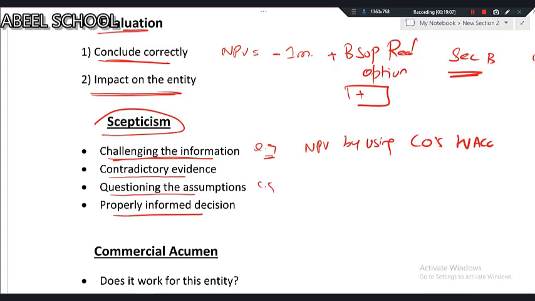Then you have to question the assumption. You'll simply write a single line that assuming the tax rate will remain constant over the life of the project is questionable, because very soon general elections are going to be held, and the party which has more chances to be elected is going to increase the tax rates.